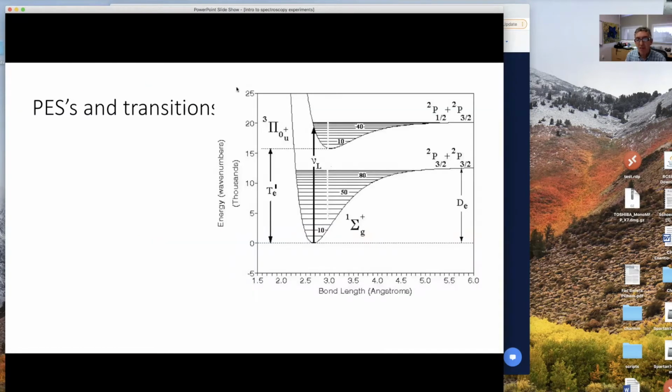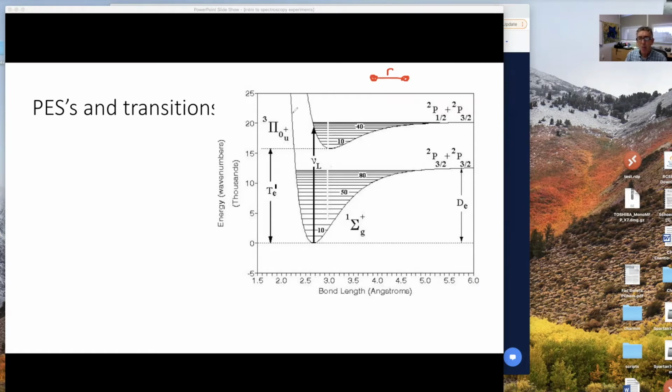So what we have here is a diagram that will make fairly clear what is going on in our experiment. So remember, you're going to have I2, so it's a homonuclear diatomic molecule, and you can imagine one molecule at any point in time. There's going to be some internuclear bond distance.